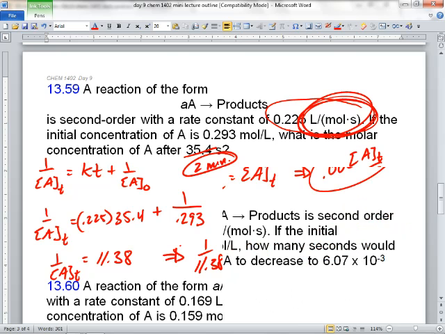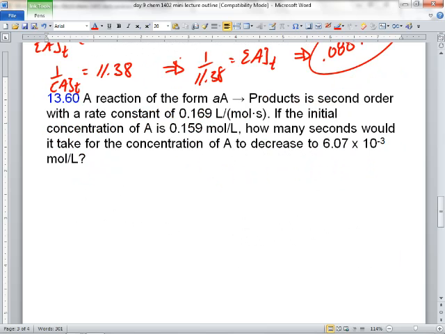Okay. All right. Try to set up this one. We have a couple minutes left. Figure out what the equation to use is, and figure out what the variables are, which one they're after.